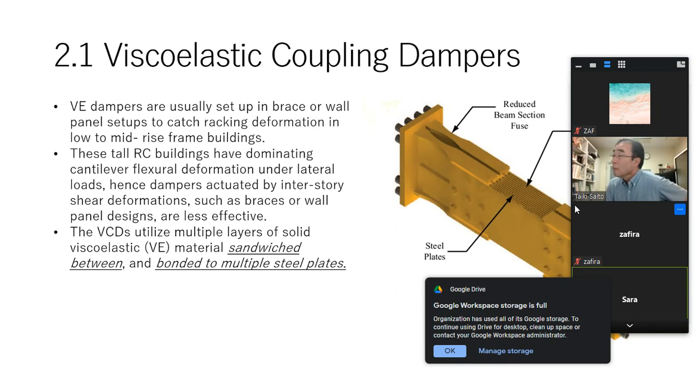Now I want to talk about viscoelastic coupling dampers. Dampers are typically configured in brace or wall panel configurations to capture racking deformation in low to mid-rise frame buildings.